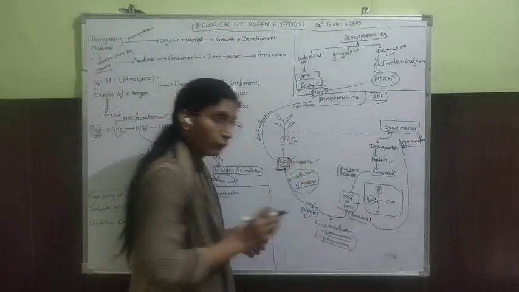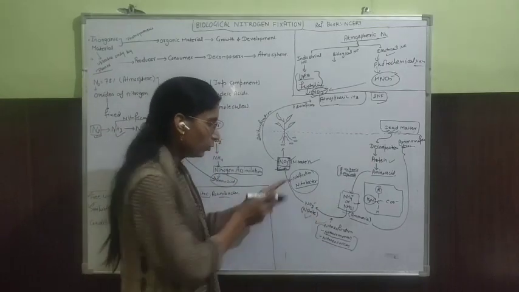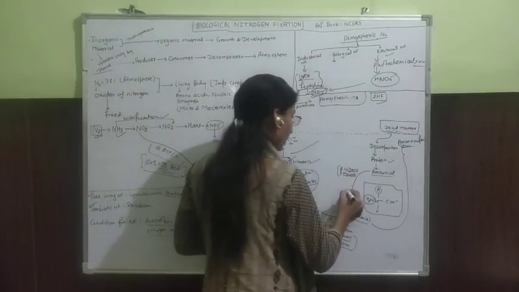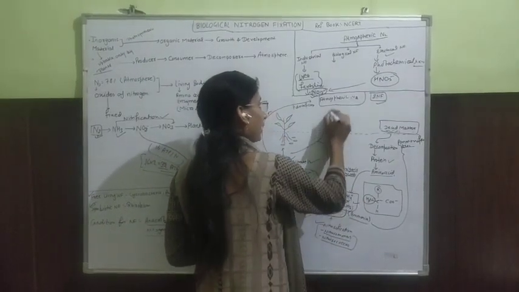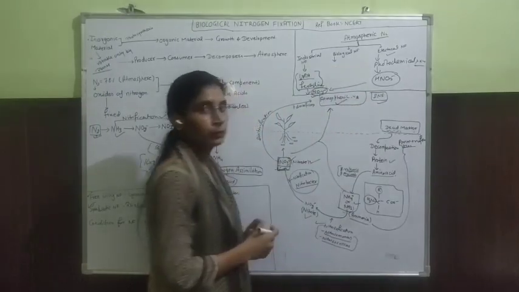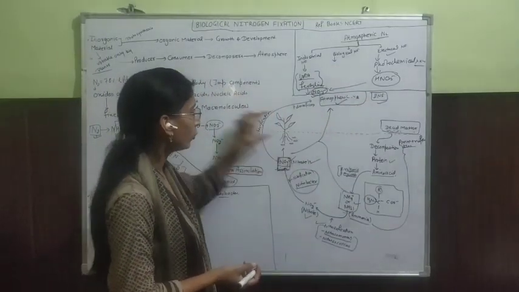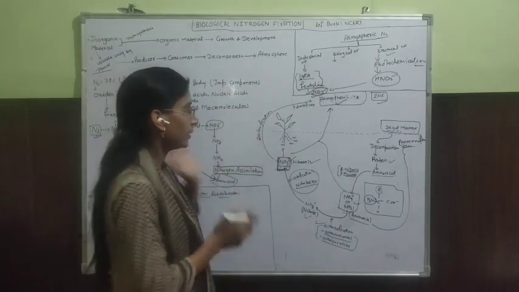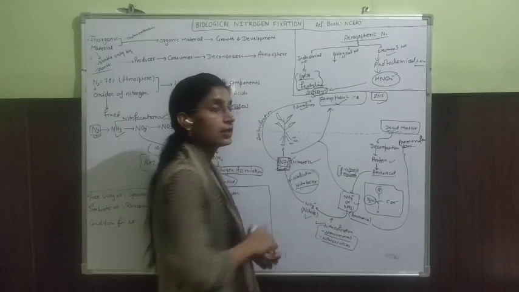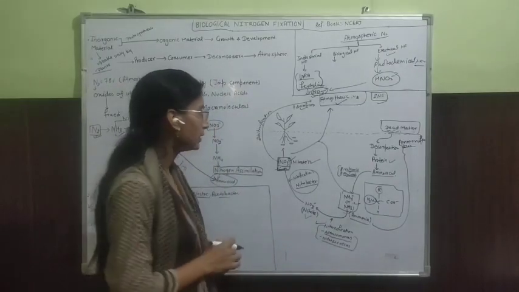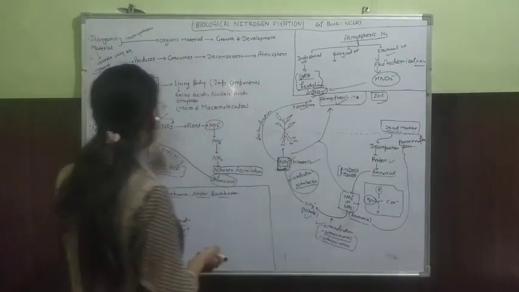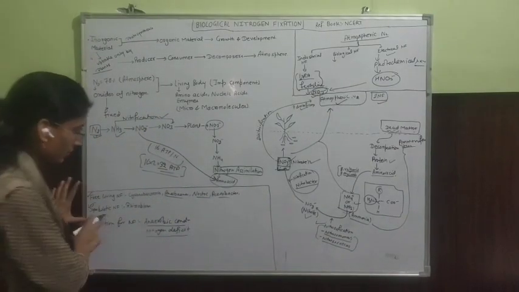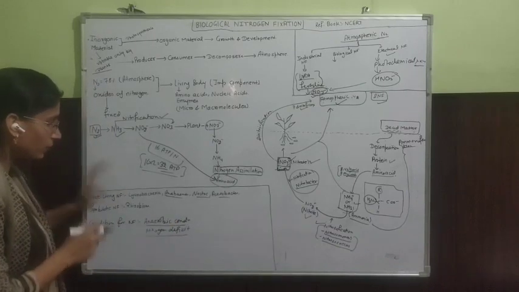So when this nitrate or ammonia or nitrite is present in excess amount in the soil, then this form gets back into the atmosphere. This process is called denitrification, and those bacteria which help in denitrification are called denitrifying bacteria. So this is the nitrogen cycle, this is how nitrogen is fixed, and these are some examples of the bacteria which help in nitrogen fixation.